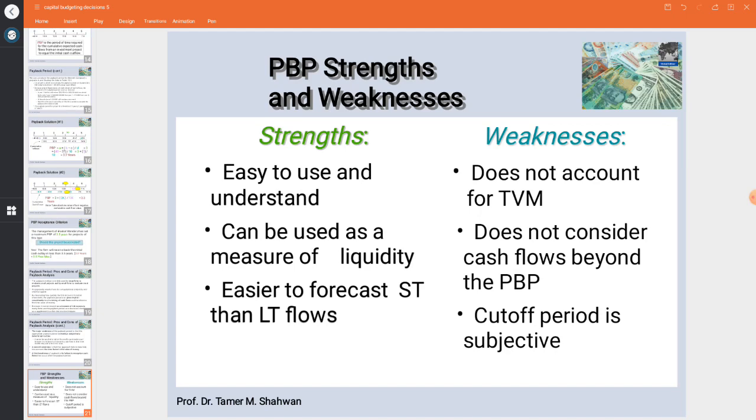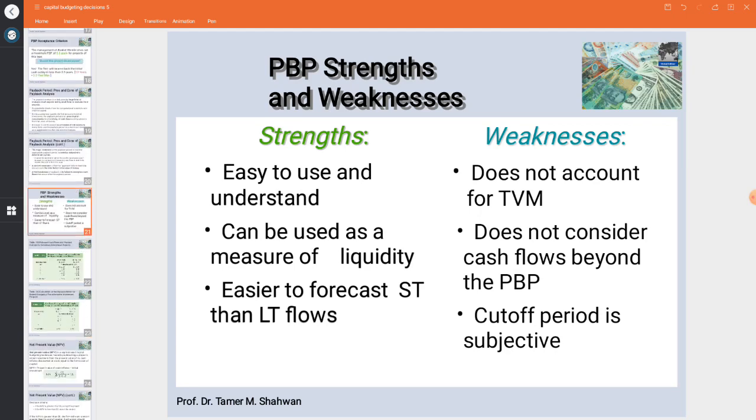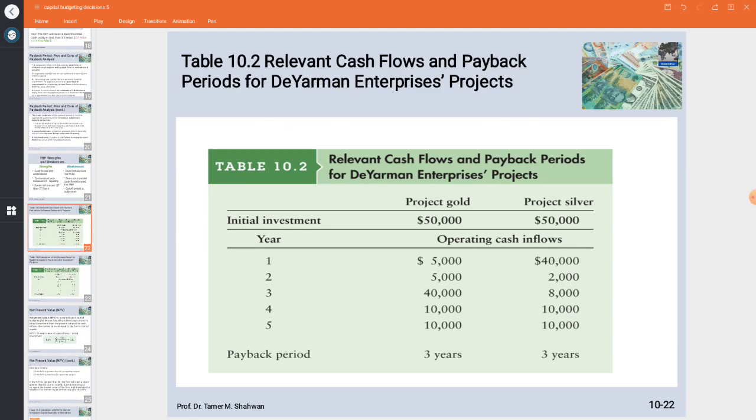But in this case, if you are depending on payback period, you are going to support the wrong decision. Also, this technique is based on a comparison between the actual payback period and specific criteria set by the management. So this cutoff period in most cases is subjective, and it's not accurate enough.